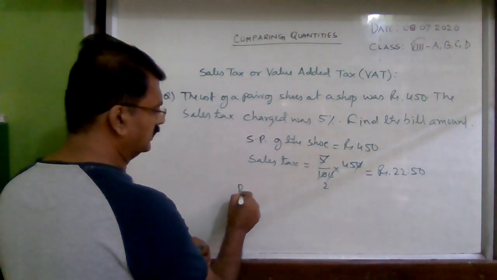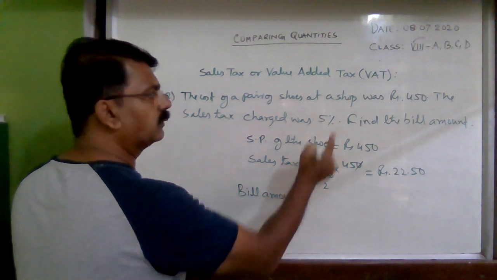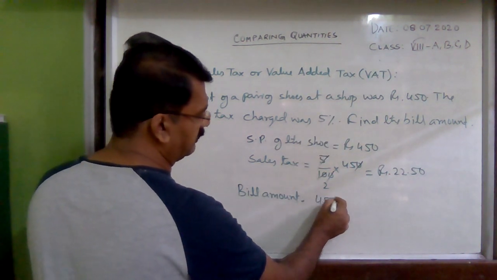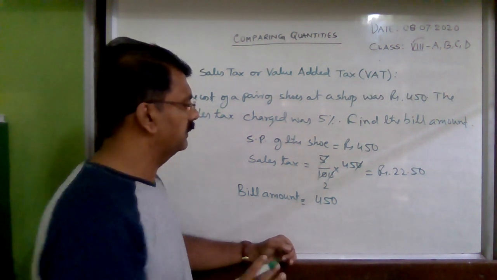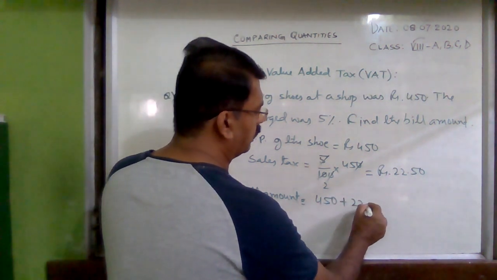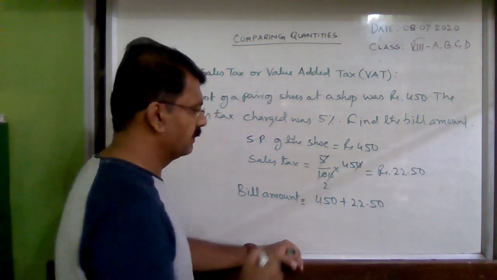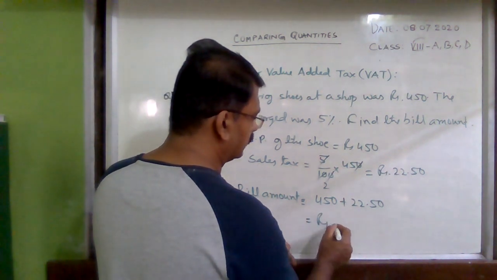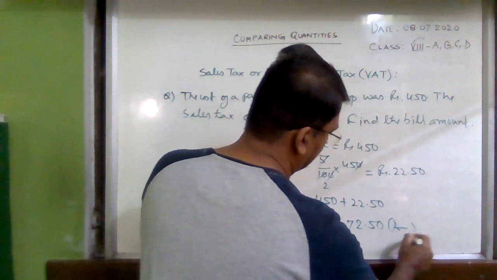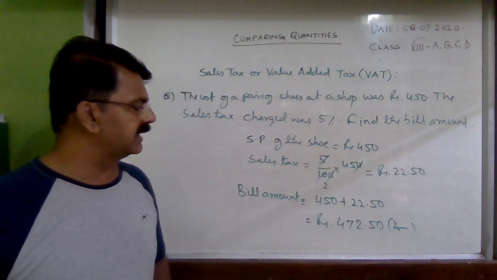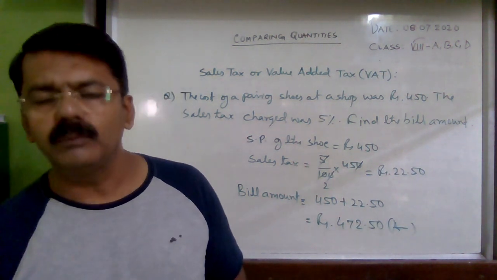So the bill amount, I have already explained that rupees 450 the customer has to pay to the shopkeeper, plus now 22.50 for the government as sales tax. So when you add them, it is rupees 472.50, and that is the final answer. So he has to pay rupees 472.50. So I hope whatever I explained today is clear to you.